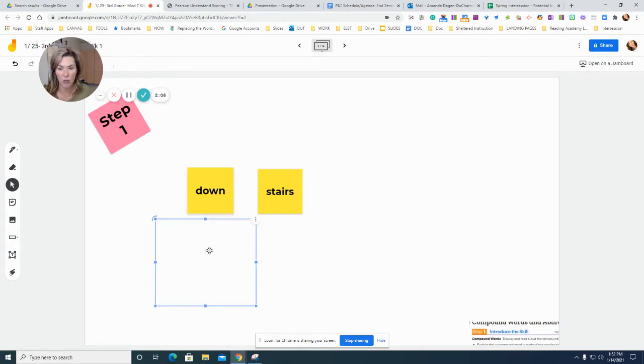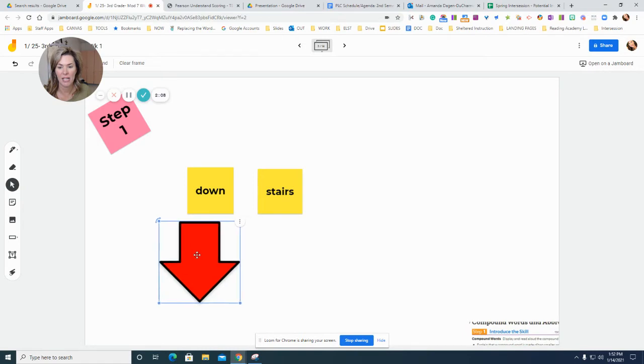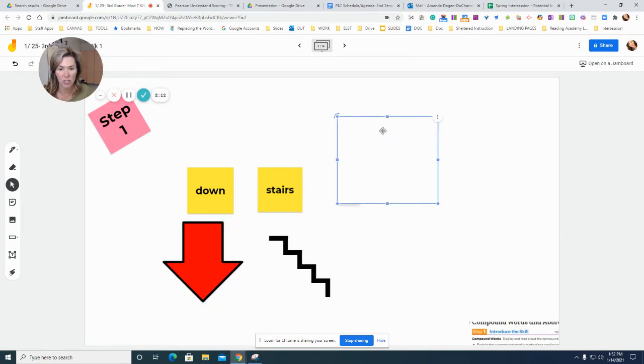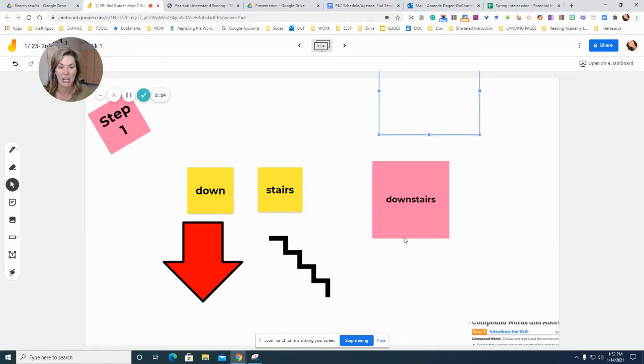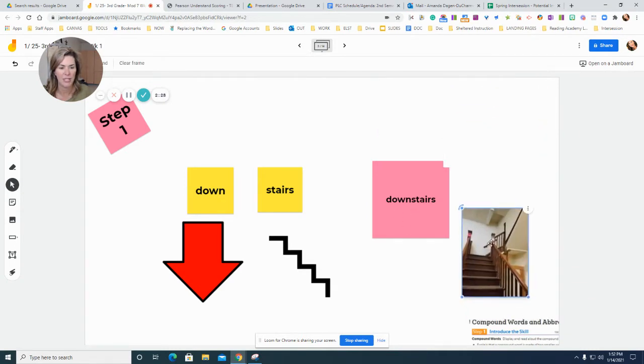We know that down is a direction, right? And we know that stairs are something that you can walk on, correct? But together, if you take those two words and put them together, you get downstairs. I was upstairs and now I went downstairs.